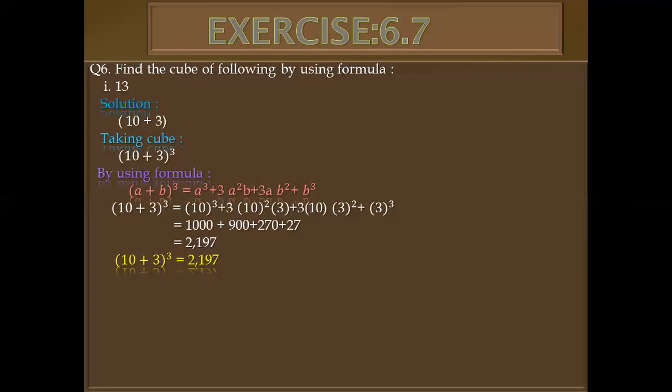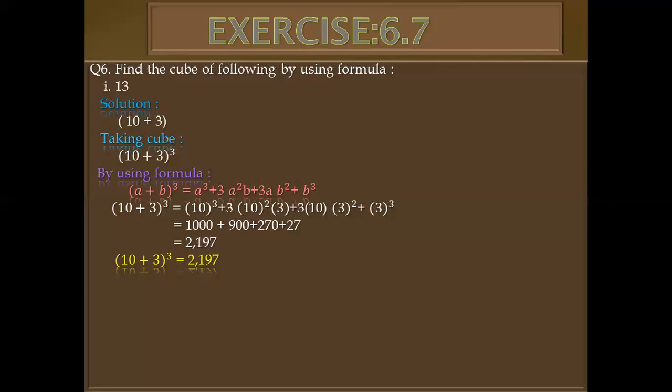Although we can simplify by taking the cube of each number directly, in the question they bound us to use the formula. So without using the formula, you cannot simplify this question.